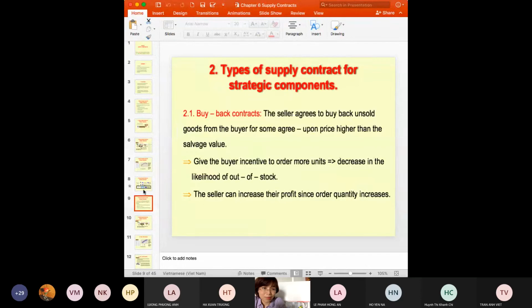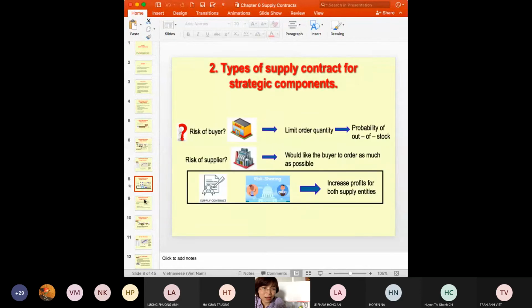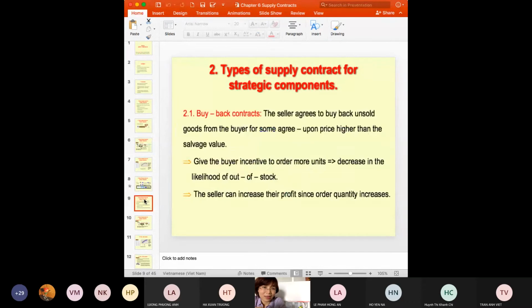So right now, how can we sign the contract between the buyer and the supplier? Here we have several types of contracts to share the risk between supplier and buyer.